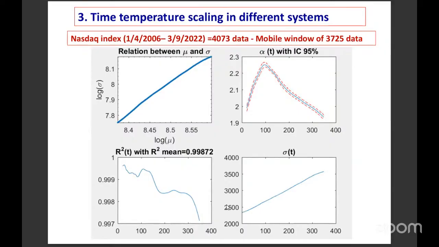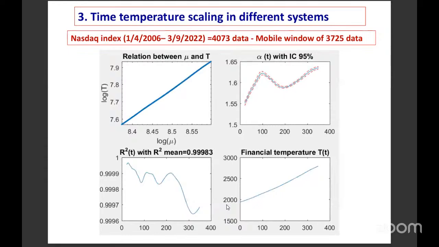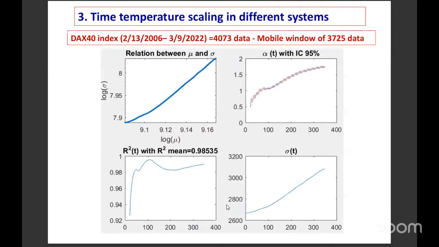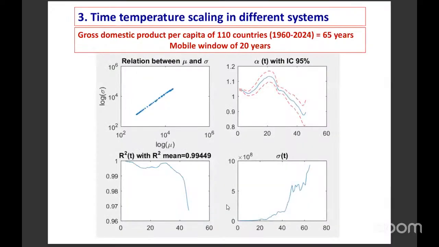This is the case of the time fluctuation scaling with the mean of R squared, and this is the case of the time temperature scaling. The mean is better for R squared.